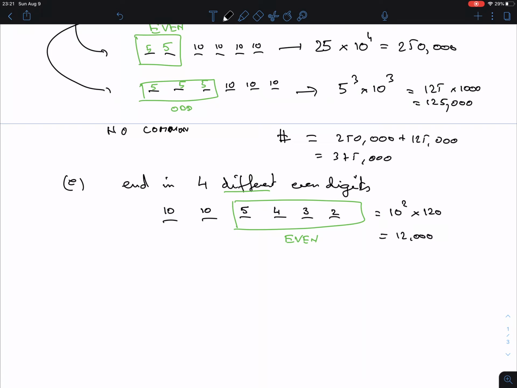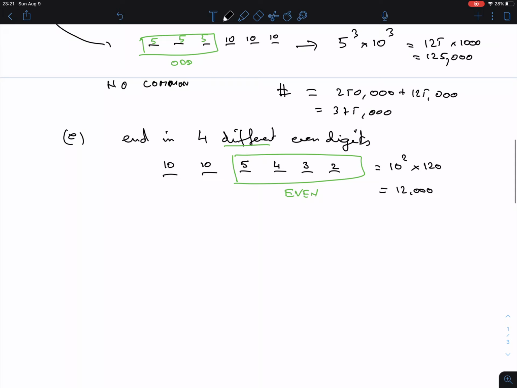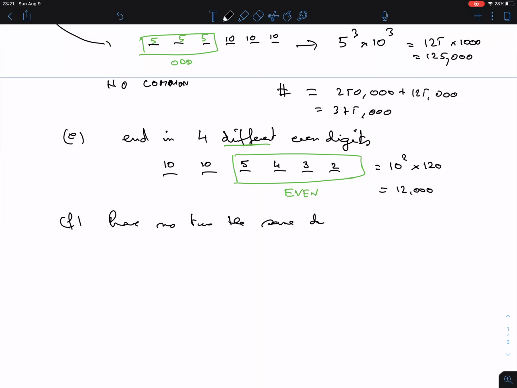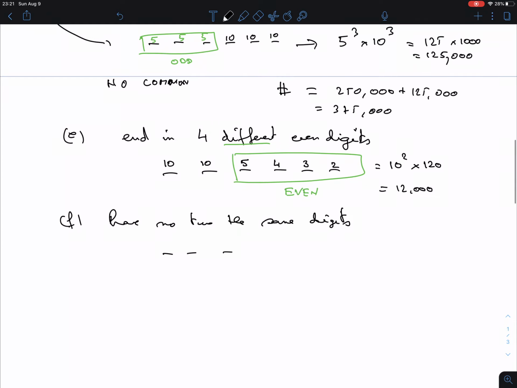And then the last one, perhaps, it's very simple. Have no 2 the same digits. Okay, I'm just saying that to show you that you can ask the same thing in different ways. It's really the same as saying there are different digits, right? So for the first choice, again, no restriction, 10, but then I'm restricting myself because I cannot choose the previous one.